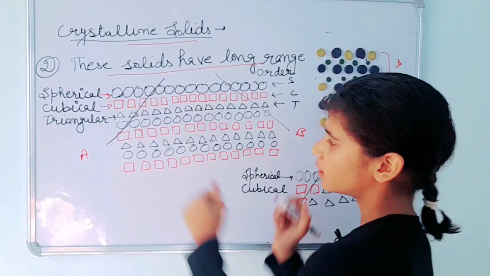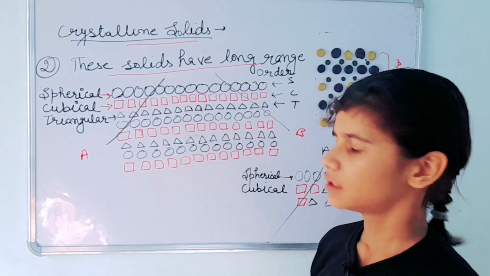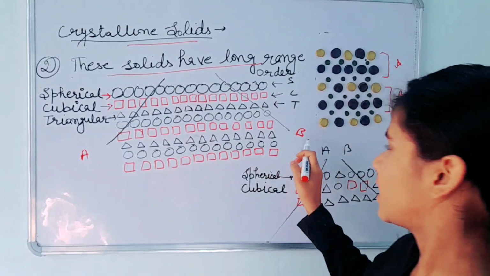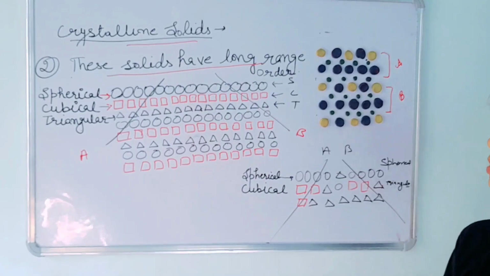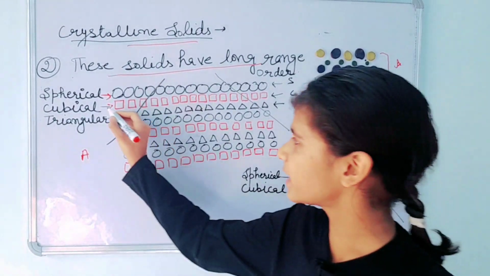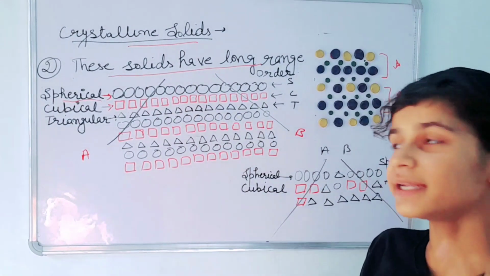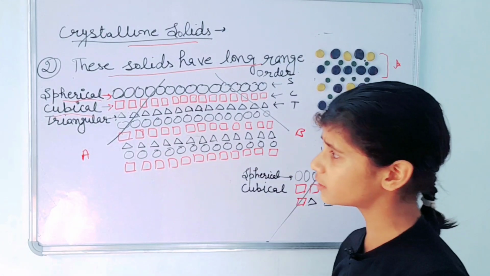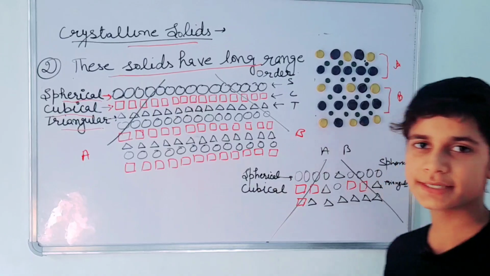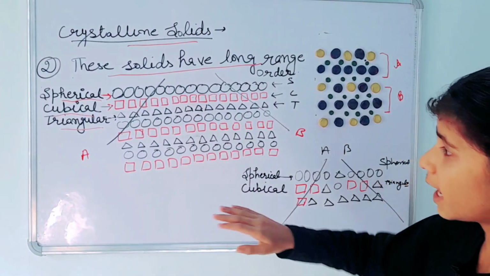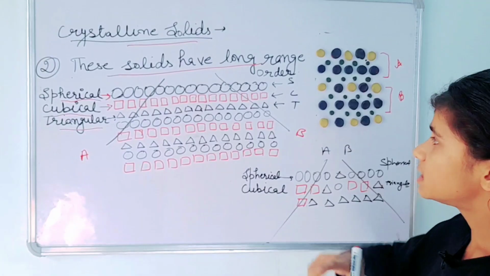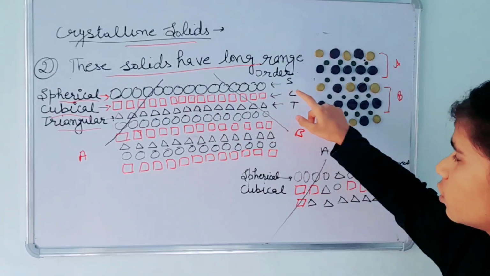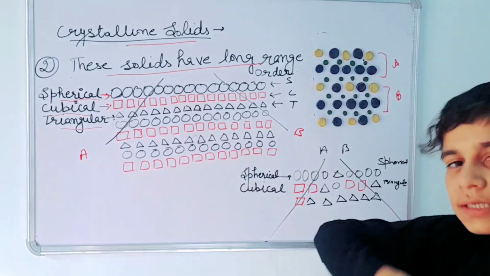Means if you cut a solid from two sides, like I have cut this solid by cut A and cut B, you can see in the first row spherical particles are there, in the second row cubical particles, and in the third row triangular particles.